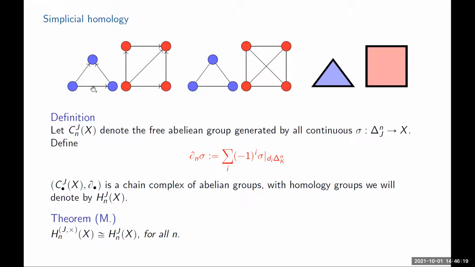So if you consider these objects to be your simplices, you can still consider maps from these simplices into your space. And I apologize, this should be a J here, not a K. But you take the alternating sum of restrictions to when you delete vertices from the simplices, and this gives you a boundary map. And so then you have a chain complex with this boundary map.